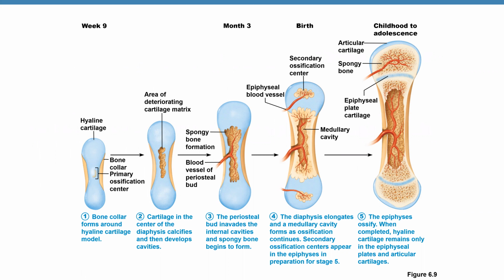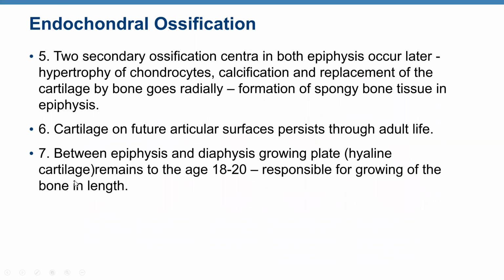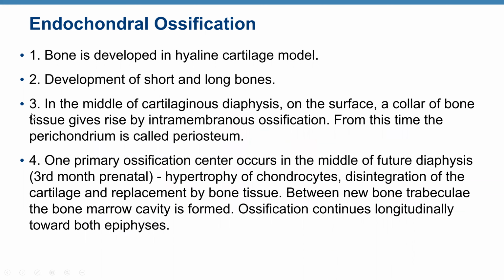That makes sense? Not endochondral, because the cartilage is covered by tissue called perichondrium, and we still have mesenchymal undifferentiated cells over there. They will differentiate into osteoblasts, and they start depositing this bony collar, right? That's what happened in step 3.